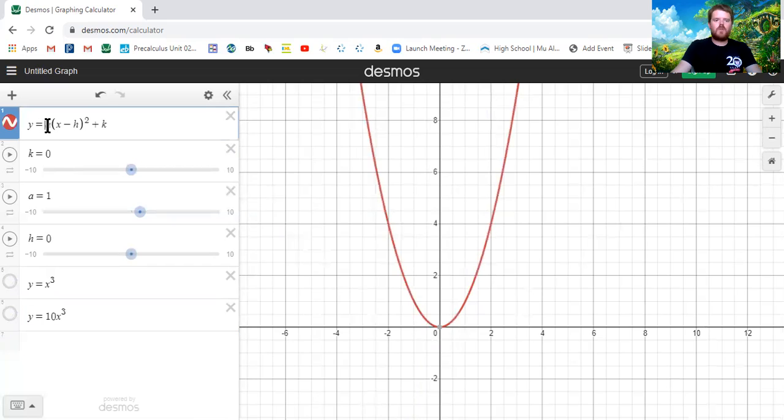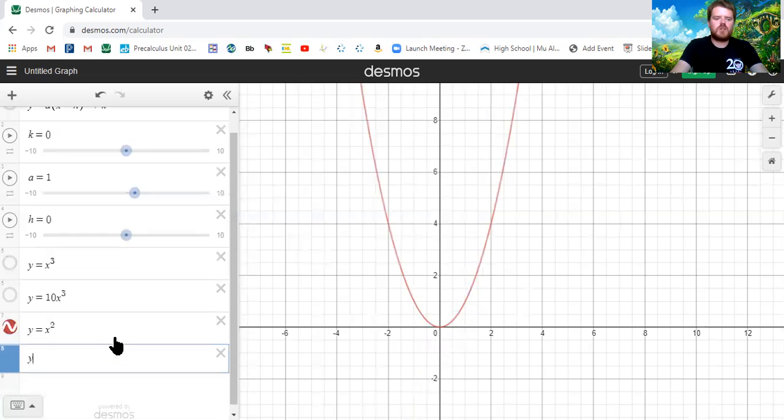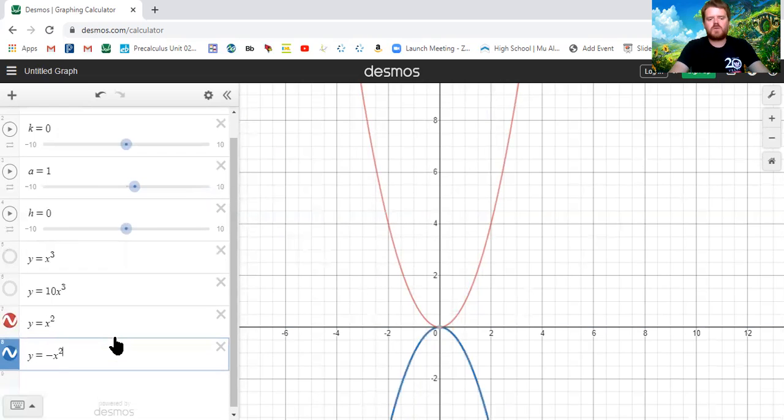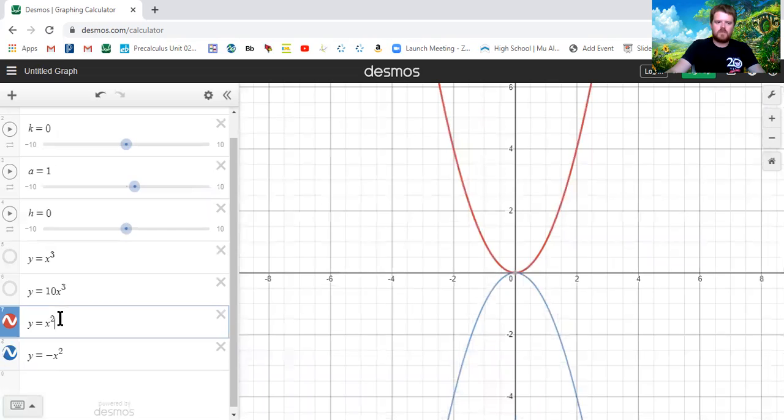Likewise, if we change the leading coefficient to be a negative, it's going to reflect the graph no matter what it is. So for instance, if I have y equals x squared, and then I change that to negative x squared, it reflects the graph upside down. Call that a reflection.